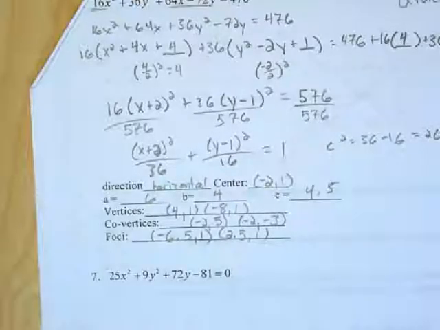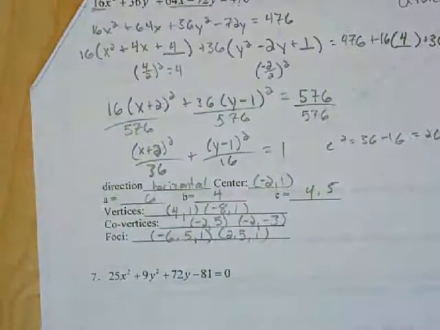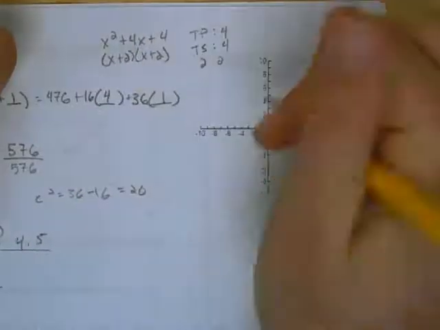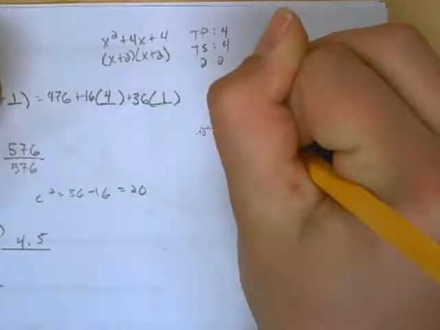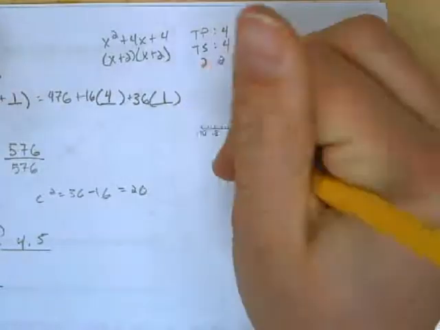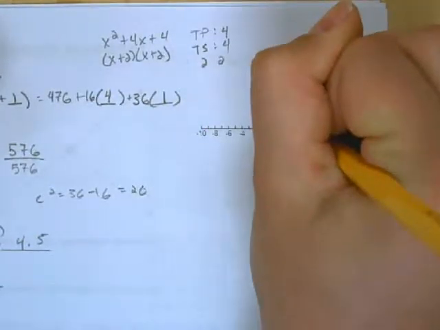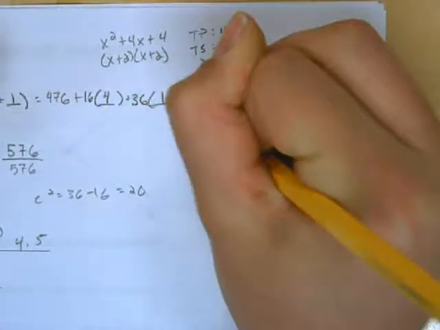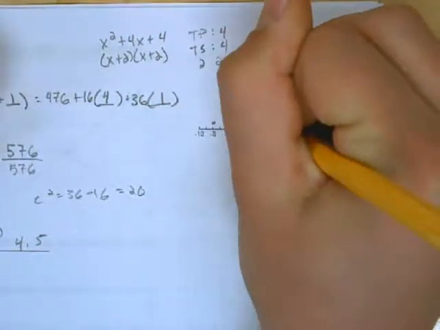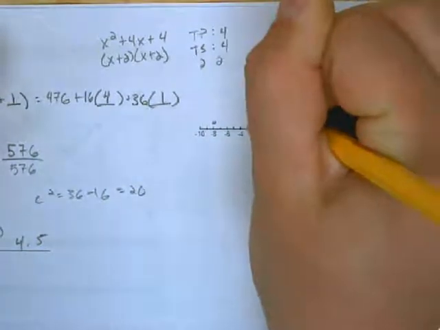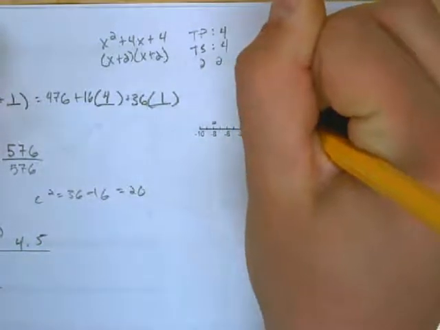Okay, now the only thing you have to do with that is to go back and graph all of that wonderful stuff, or you may have already graphed it. X is negative 2, y is positive 1, make that center. Okay, we're going to go right 6 and left 6. We're going to go up 4. Can't see the points anymore.